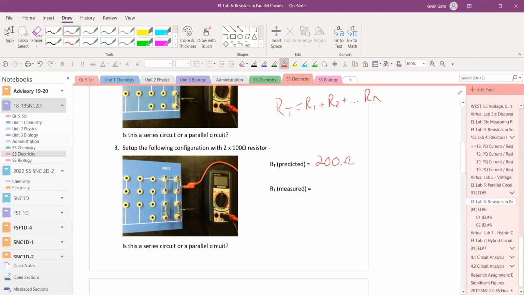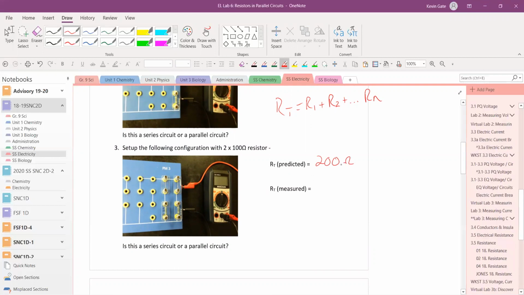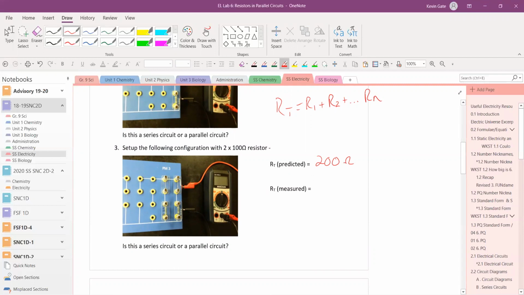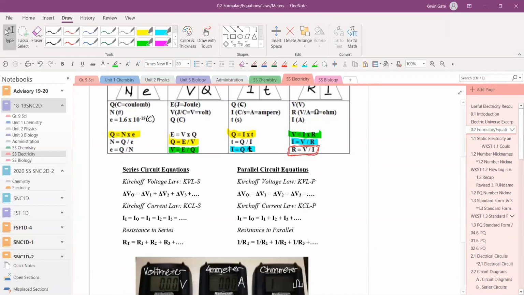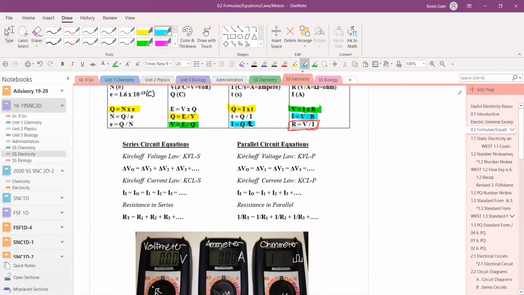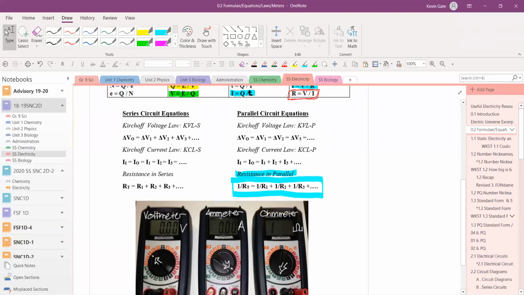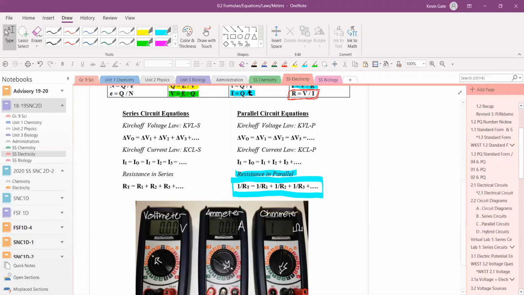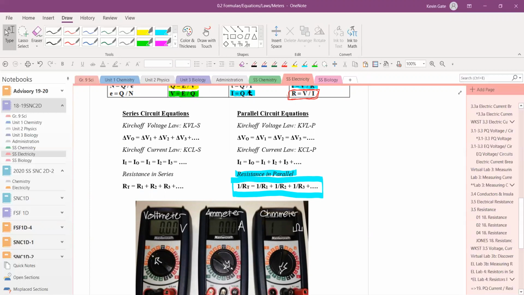But some of you may have been looking ahead at Kirchhoff's laws, as we see in our formula sheet, and have noted that the total resistance in parallel is given by 1 over the total resistance equals 1 over R1 plus 1 over R2 plus 1 over R3, up to an infinite number of resistors.